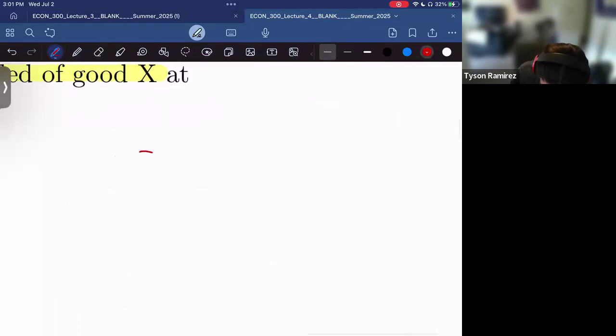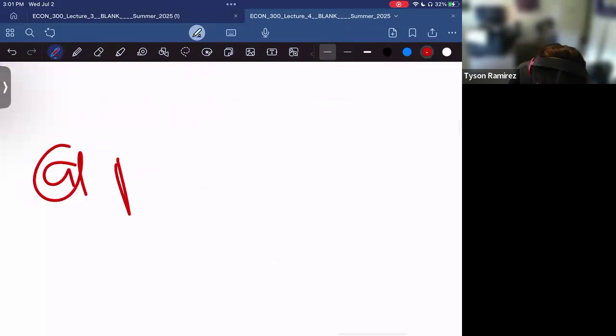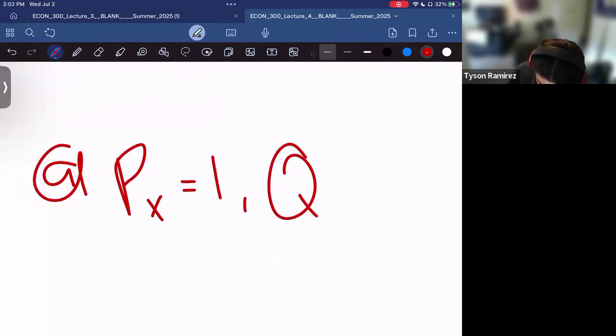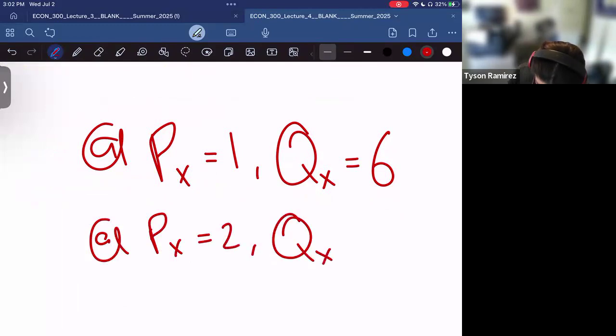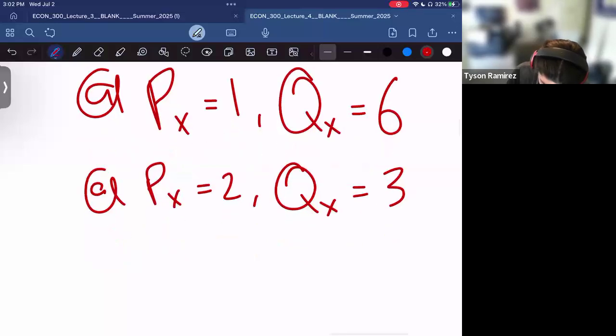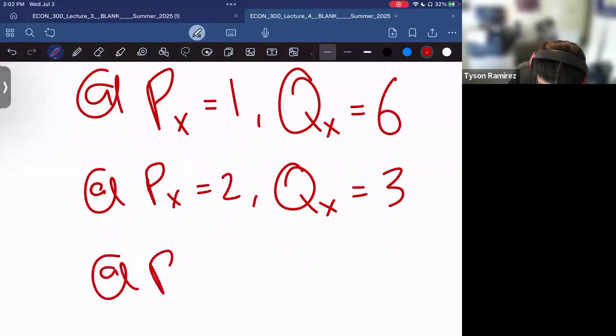So remember, at P of X equals 1, we saw that Q of X equaled 6. At P of X equal to 2, we saw that Q of X is equal to 3. And at P of X equal to 3, we had that Q of X equaled 2.